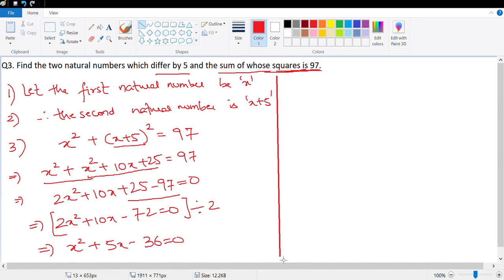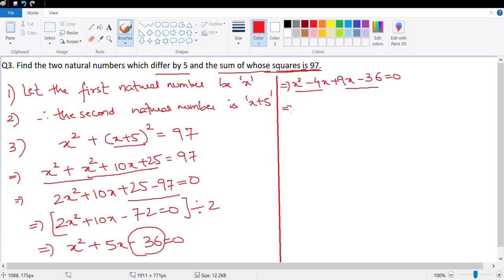Now I need to find factors of negative 36, the sum of which should be equal to plus 5. This would be again very simple, 9 and 4. 9 into 4 is 36, and so it's negative 4 and plus 9. This means x squared minus 4x plus 9x minus 36 is equal to 0.